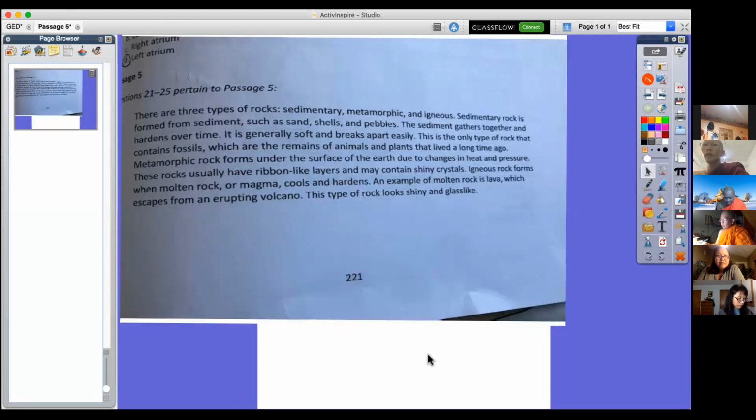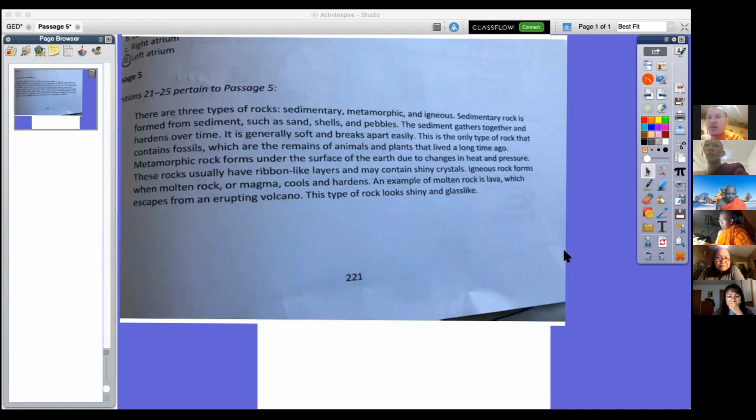This is the only type of rock that contains fossils, which are the remains of animals and plants that lived a long time ago. Very good. Next.